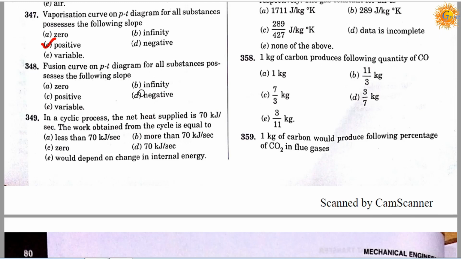Option A is 0, option B is infinity, option C is positive, option D is negative, option E is variable. So the correct answer is C, it will be positive. Question number 348. Fusion curve on a PT diagram for all substances possesses the following slope. Option A is 0, option B is infinity, option C is positive, option D is negative, option E is variable. So the correct answer is E, it will be variable.